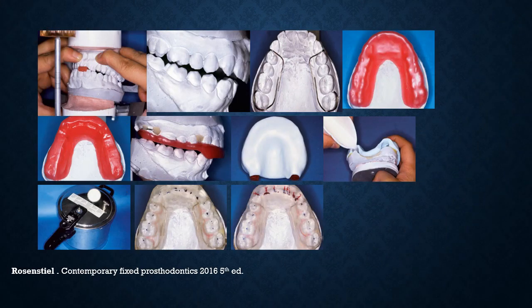Well, another technique to fabricate the occlusal device is to use wax, and if you want to stabilize the device more, you can add a clasp to the appliance. 4mm thickness of wax is to be adapted on the maxillary cast and adjusted on the articulators.